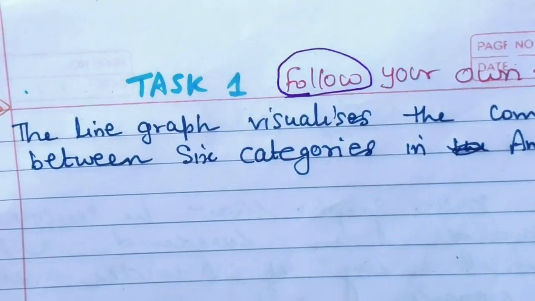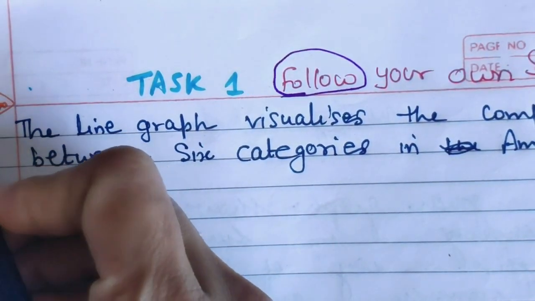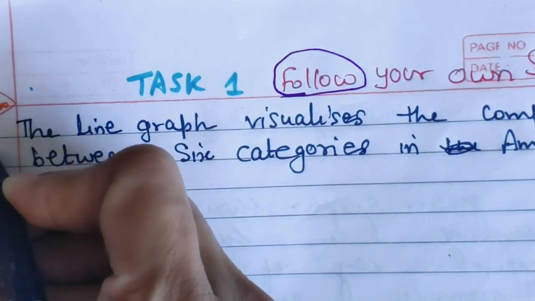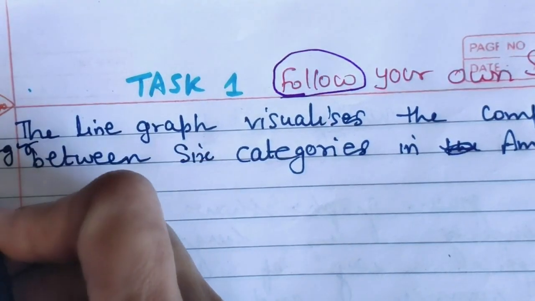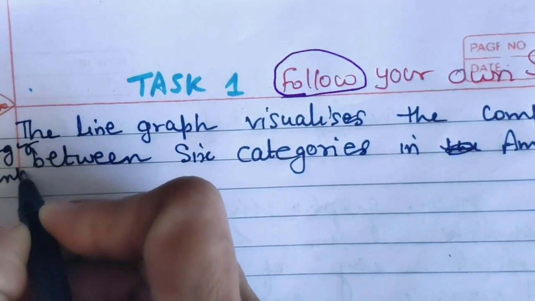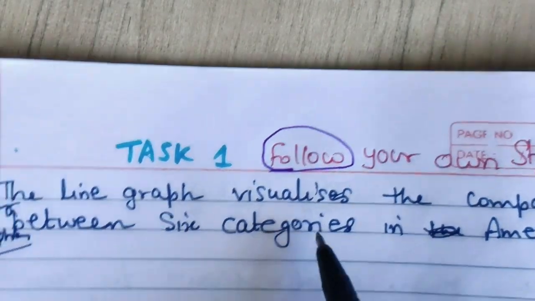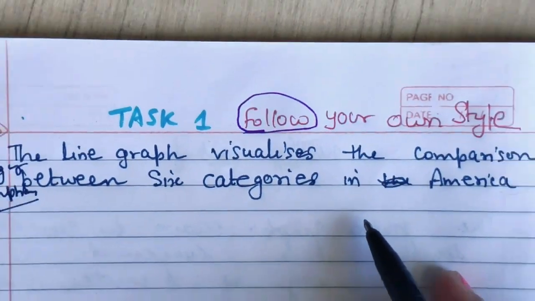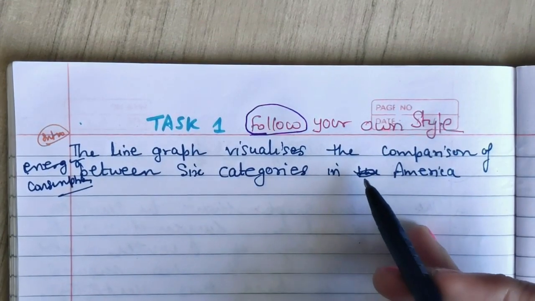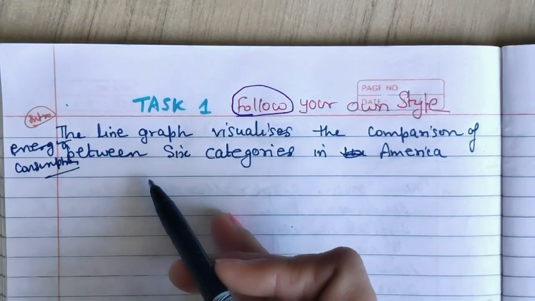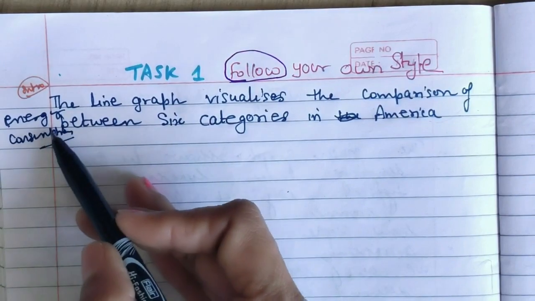See, this is the loss when you are writing with energy consumption. Otherwise in your exam it is not allowed. The line graph visualizes the comparison of energy consumption between 6 categories.